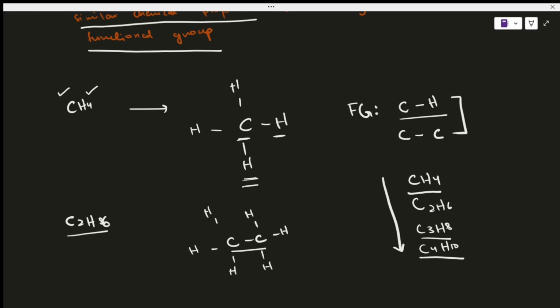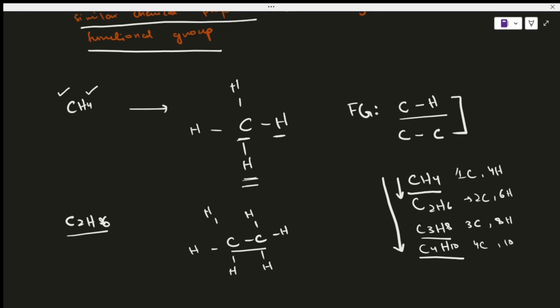So what are you noticing as you go down the series of the alkanes? You have one carbon, four hydrogens. Here you have two carbons, six hydrogens. Here you have three carbons, eight hydrogens. And here you have four carbons and 10 hydrogens.